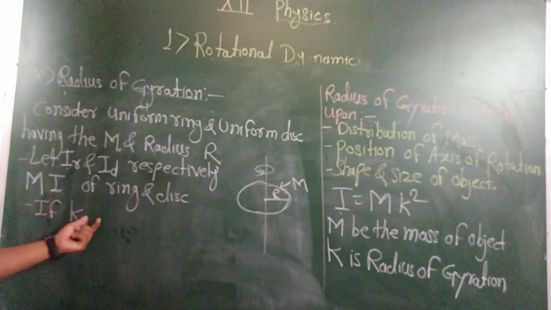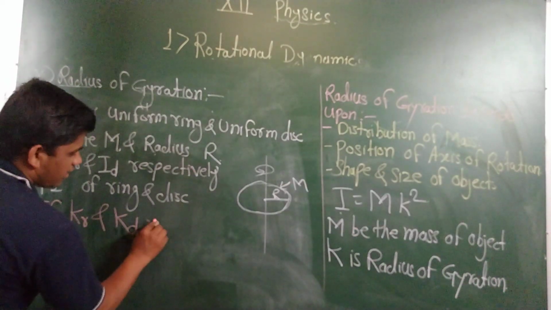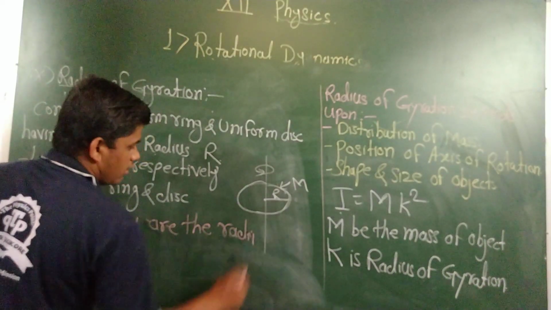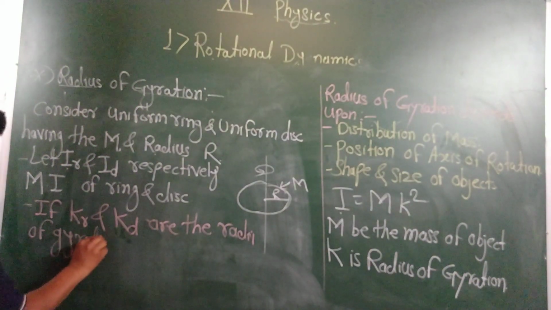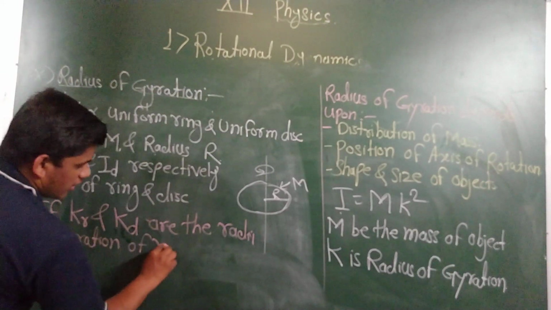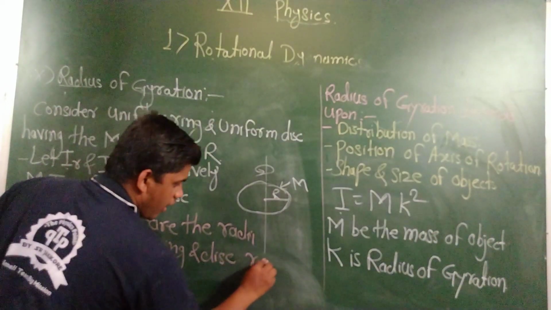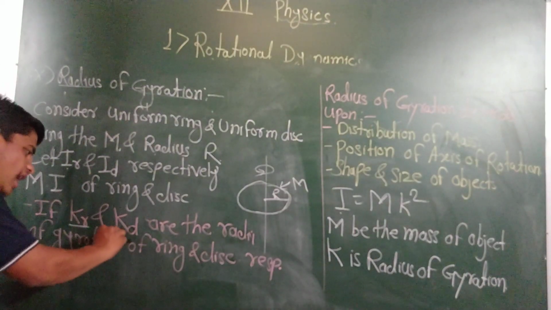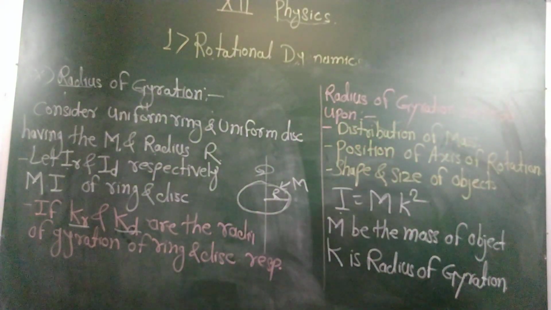KR means the radius of gyration of the ring and KD the radius of gyration of the disk. KR and KD are the radii of gyration of the ring and disk respectively.